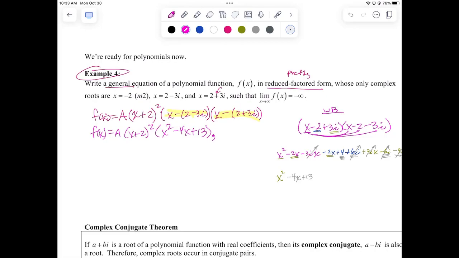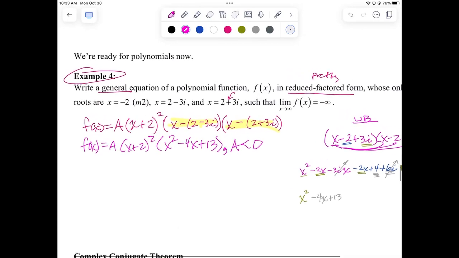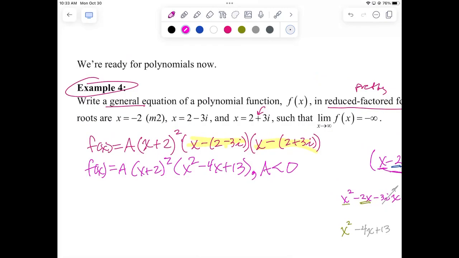I do know that the right-hand behavior is negative, so what do I know about a? It's got to be a negative number, right? The leading coefficient, which is a, tells you the sign. So we'll just put comma, a is less than 0. And there you go. We just wrote our first equation given two complex conjugate roots.